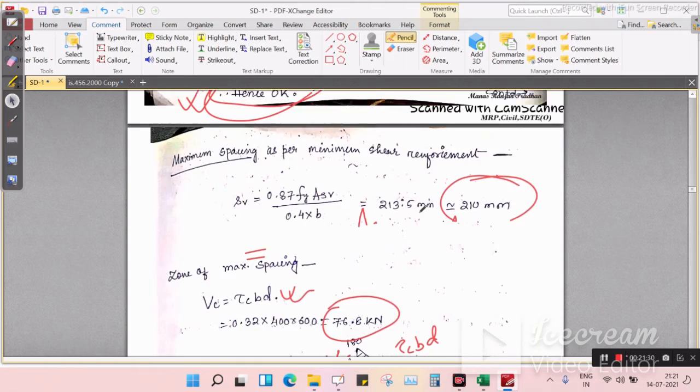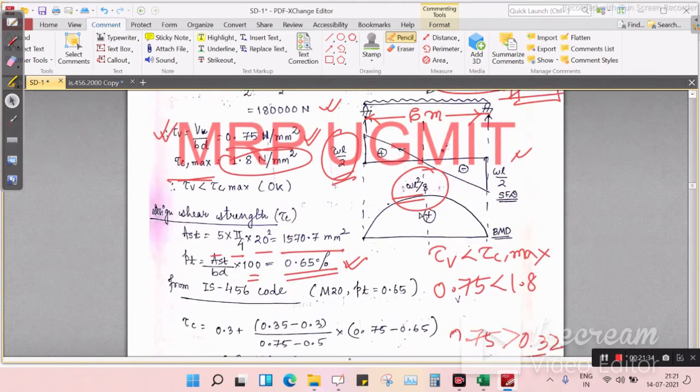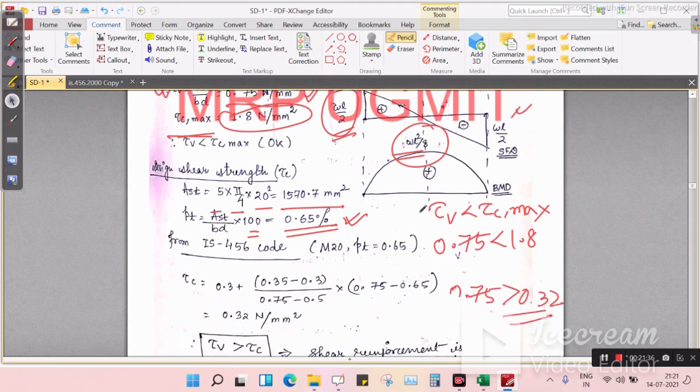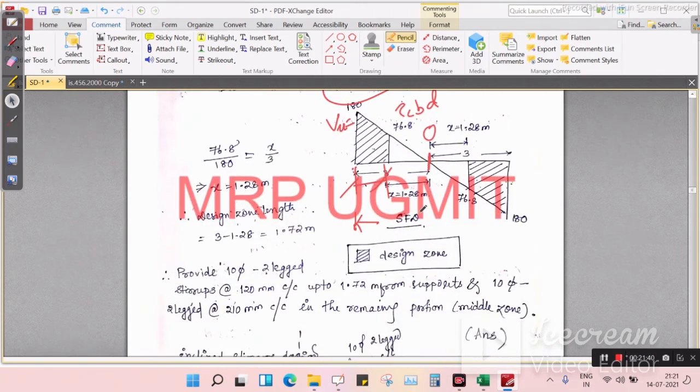What is the value of our L? The L value is 6 meter. So if this is 6 meter, this is our beam. This is 6 meter, so this is 3. This is 3. This is the zone required.